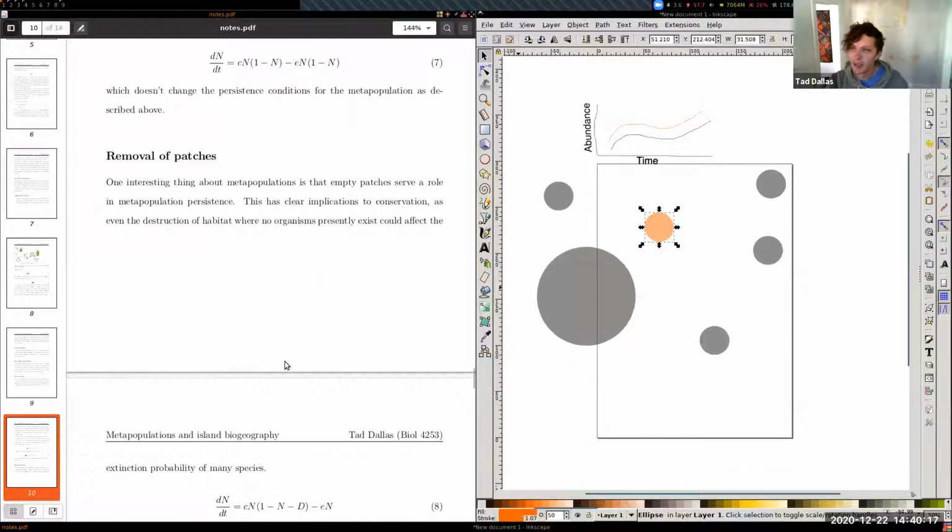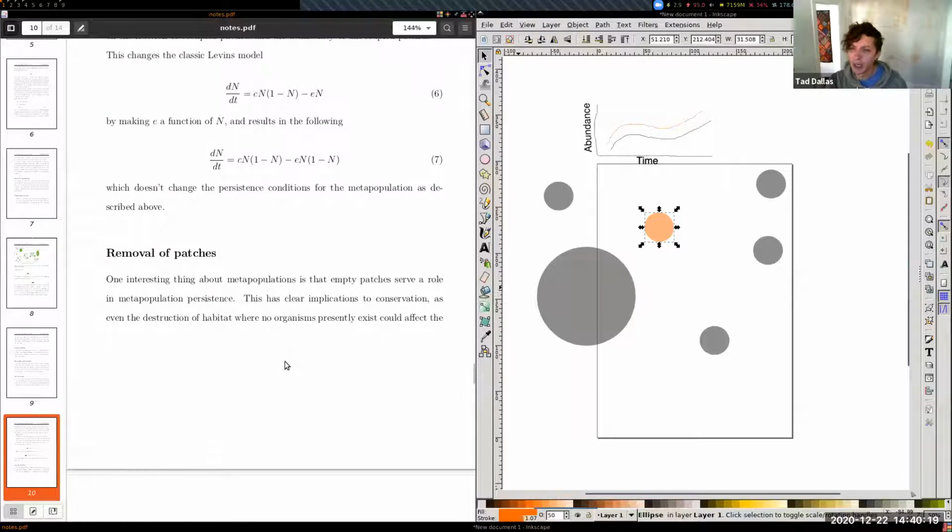I think it might have been in that 1982 paper, I'm not sure, but it's been posited that there's a fraction of occupied patches that is required at equilibrium, which means that if you were to remove patches, even if they're unoccupied, you can fundamentally change occupancy patterns of the remaining patches.